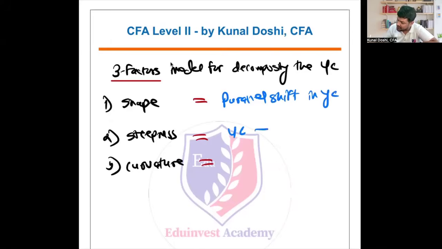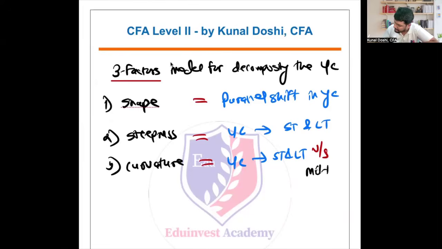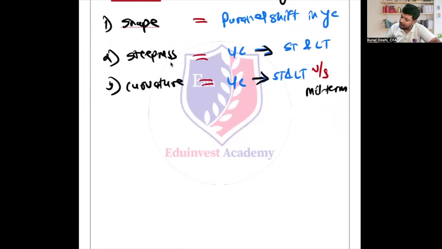Steepness is the shift in the yield curve of short term and long term. And curvature is how short term and long term behave compared to the intermediate or midterm. You generally use the intermediate bonds. These three factors put together will give me the change in the bond price.